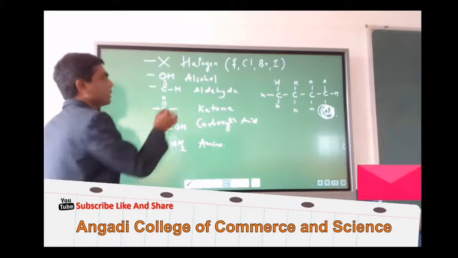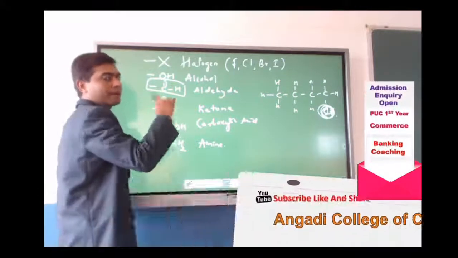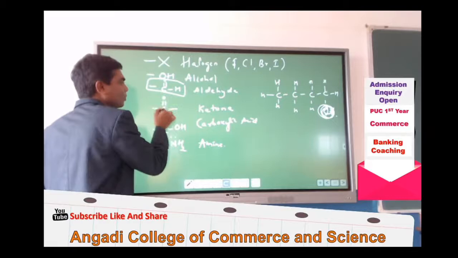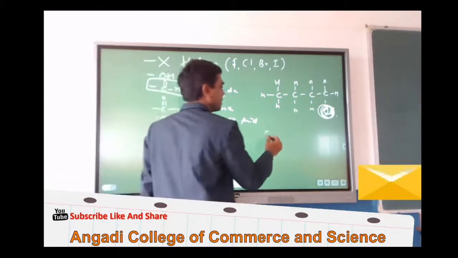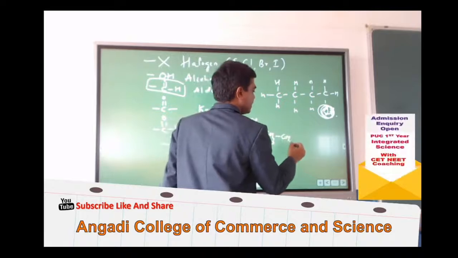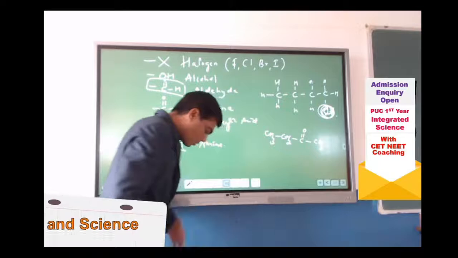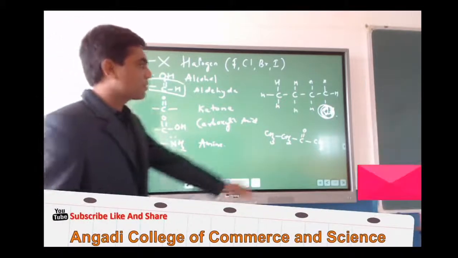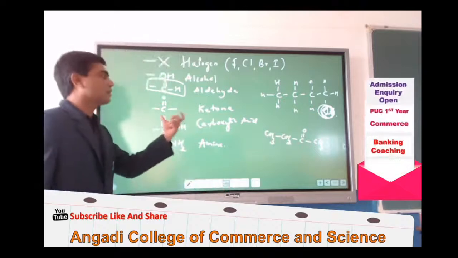One thing you remember: the aldehyde group will always be at the first or last carbon, but the ketone group will be in the middle of the compound. For example, CH3, CH2, C double bond O, CH3. This compound is called butan-2-one.